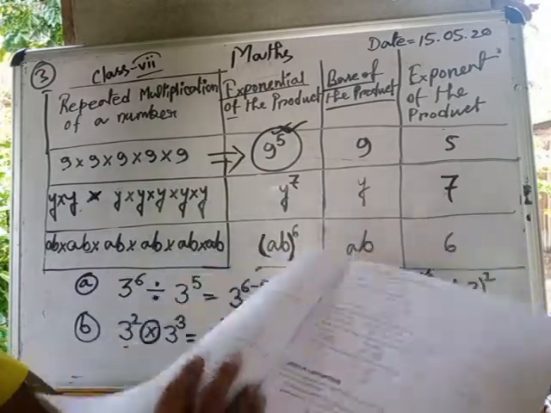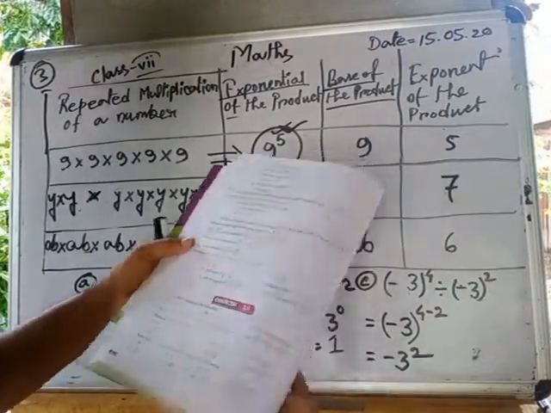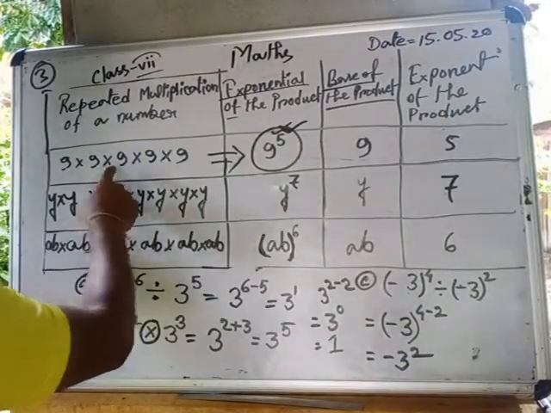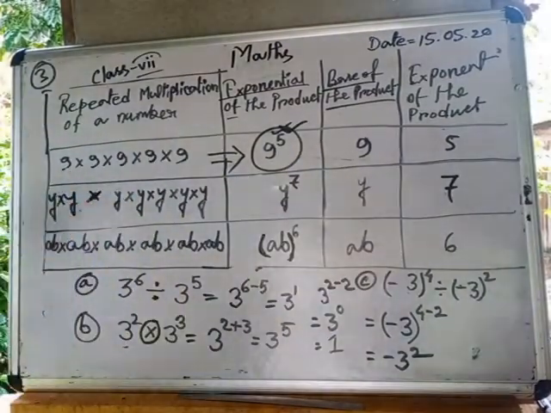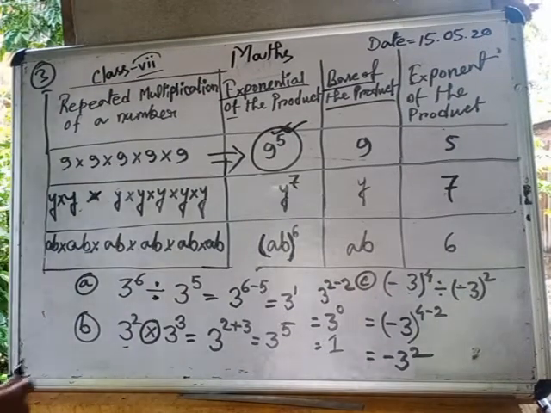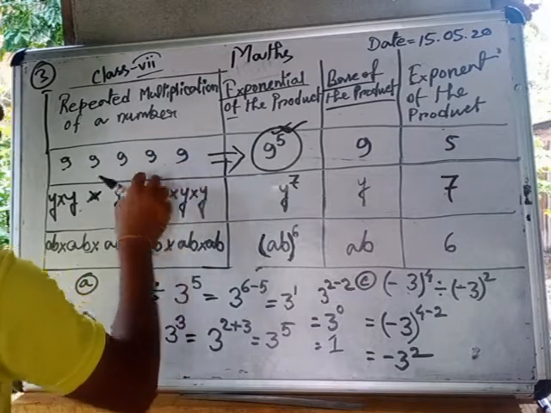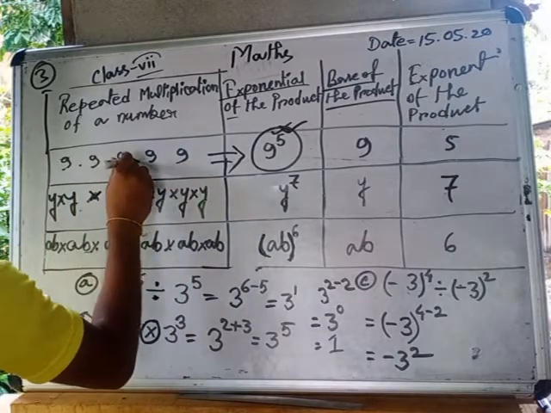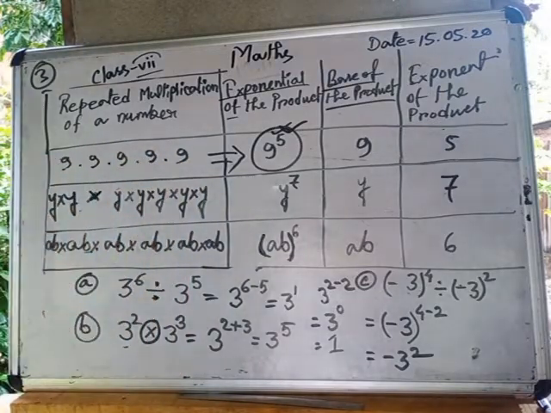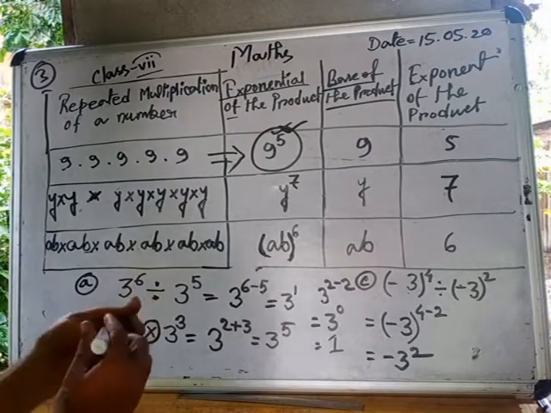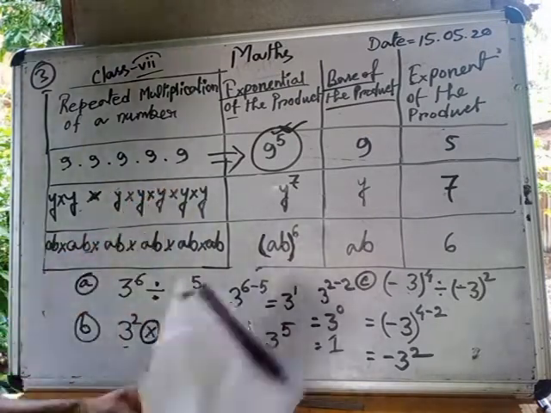Power notation can also be used in our algebra system. When you do multiplication, you should use a dot as the multiplication sign.